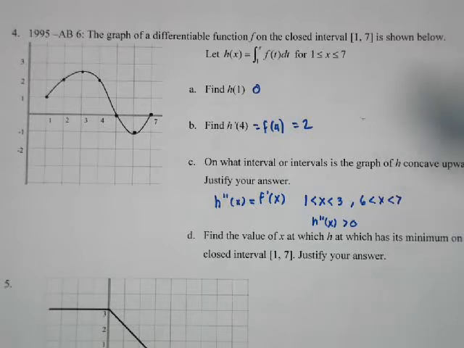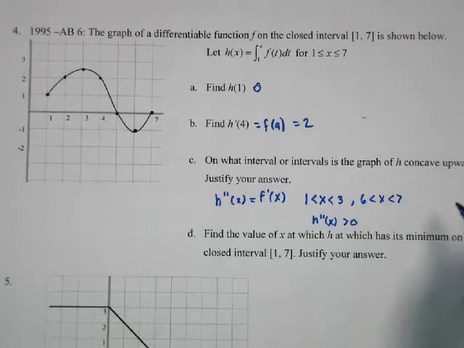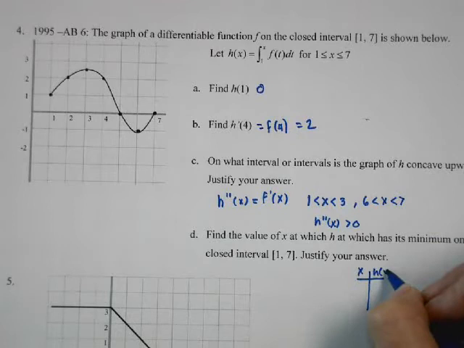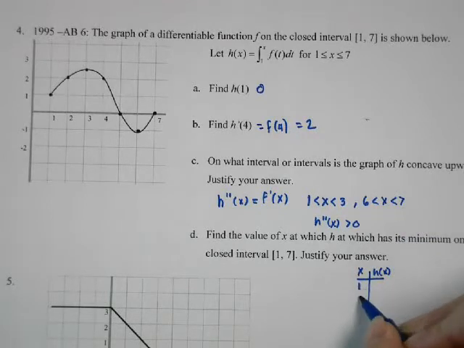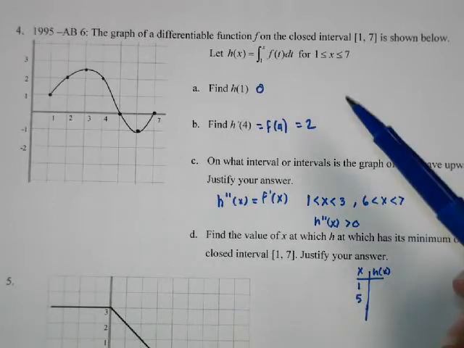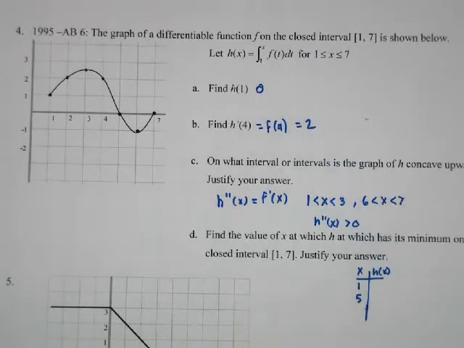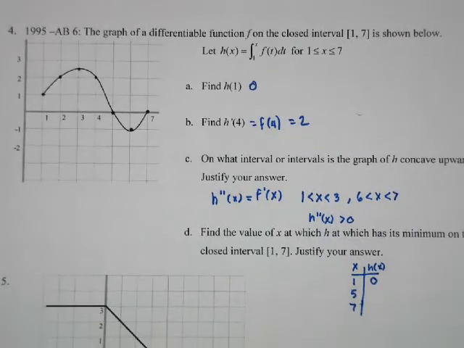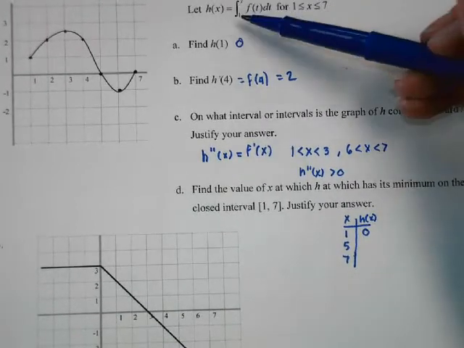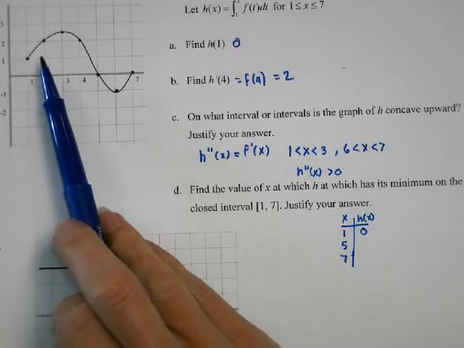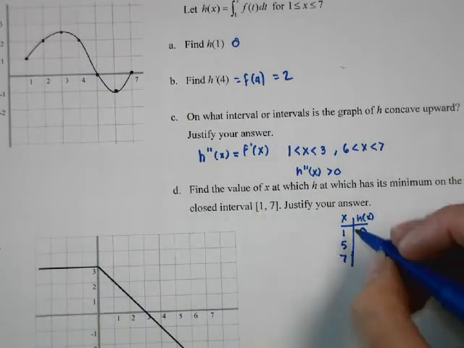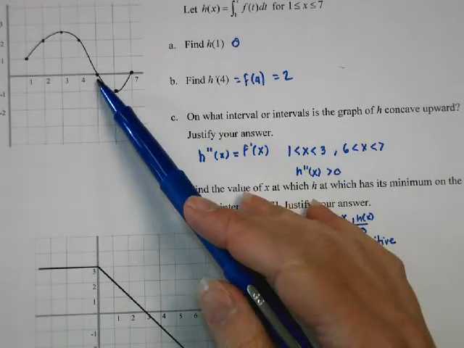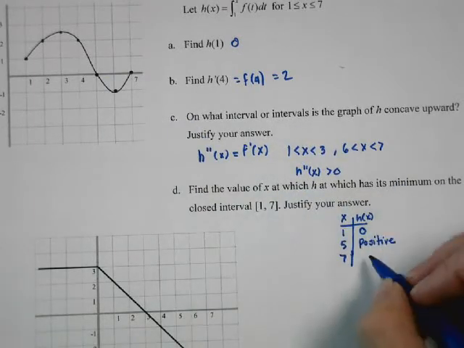Find the value at which h has its minimum on the closed interval. We need to check the endpoints and the critical points. The endpoints are 1 and 7, and the critical point would be 5, because that's where the derivative is 0, which is where f of t is 0. At 1, our integral from 1 to 1 is 0. Then we add on positive area until we get to 5, so this is a positive value, whatever it is. Then it starts to decrease because we're adding on negative area.